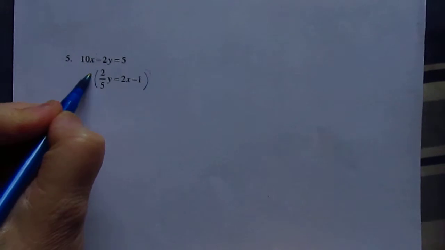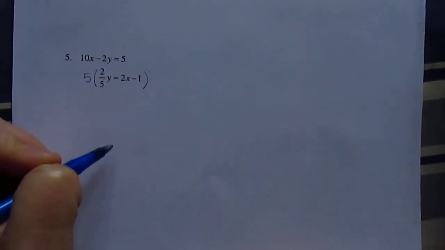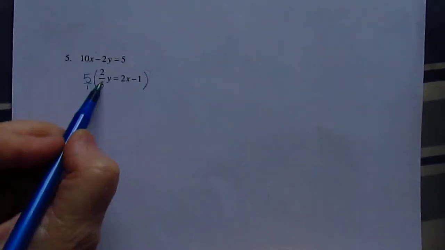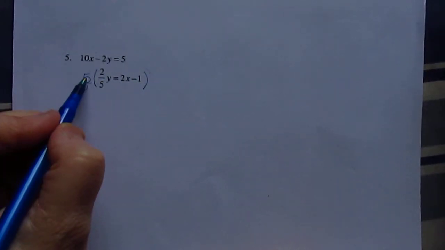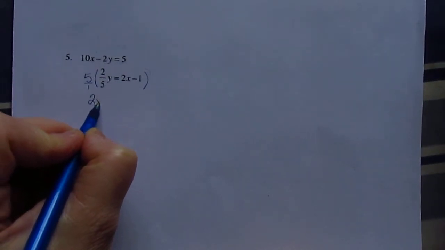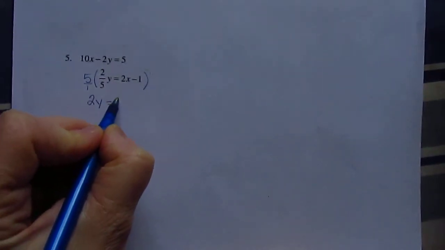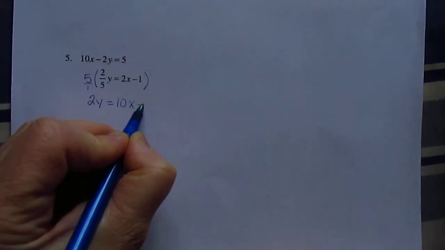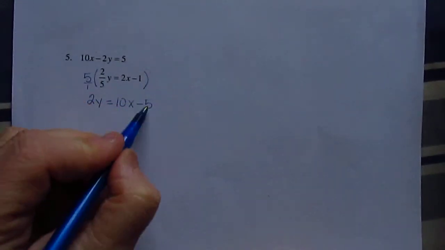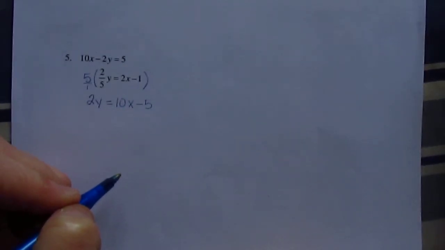If I don't like it, I can change it. I'm going to multiply this entire equation by 5. What that will do is I will multiply every single term on both sides by 5. So I end up here with 2y equals 10x minus 5. 5 times 2 is 10. 5 times negative 1 is negative 5.